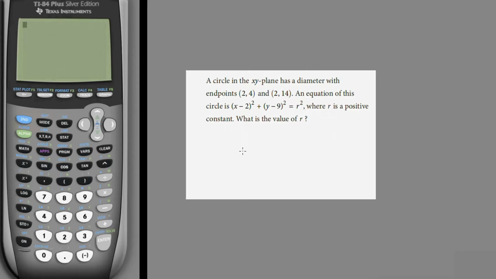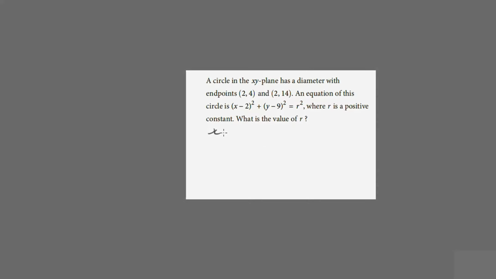So firstly, let's get the midpoint of the endpoints. As we all know, the formula for the midpoint is x1 plus x2 over 2 and y1 plus y2 over 2.